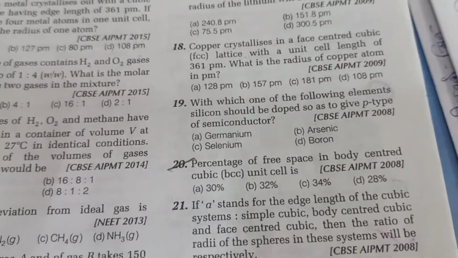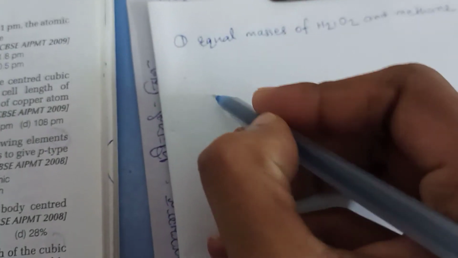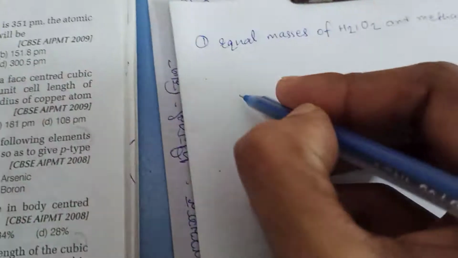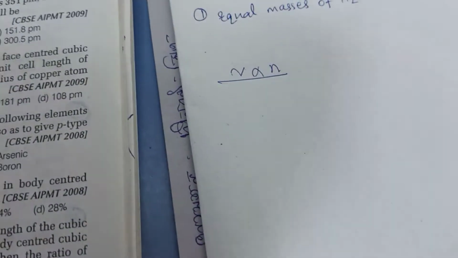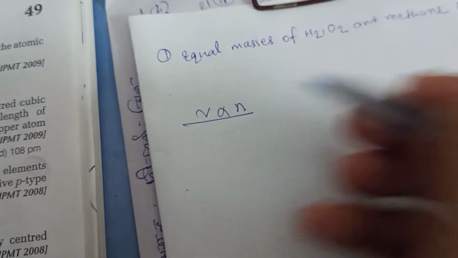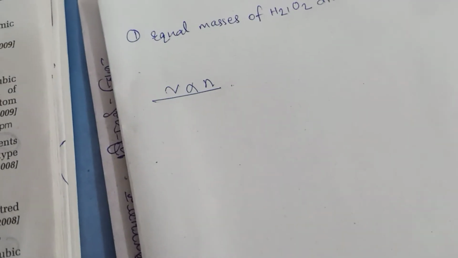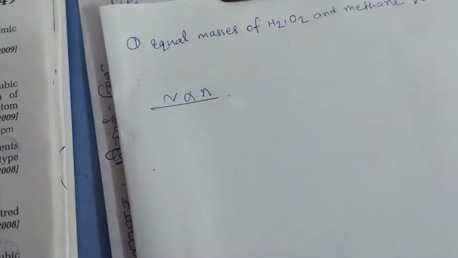At first we know Avogadro's hypothesis says that V is proportional to n. Here V is volume and n is the number of moles.